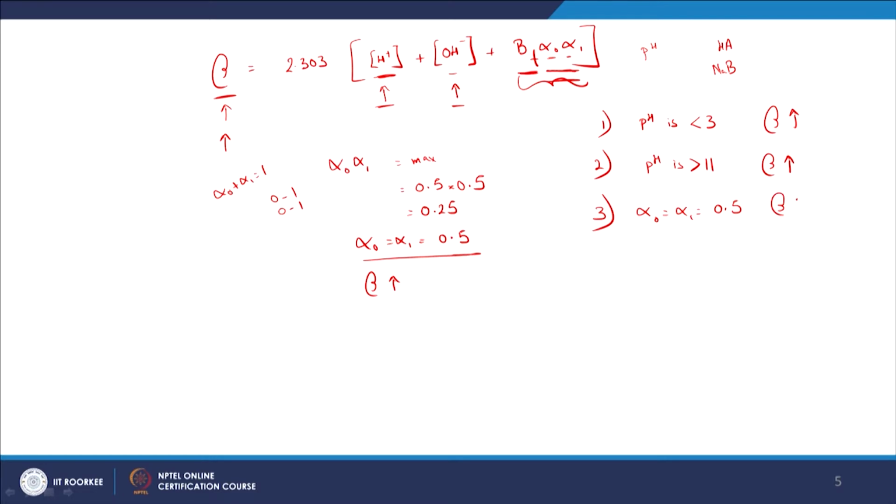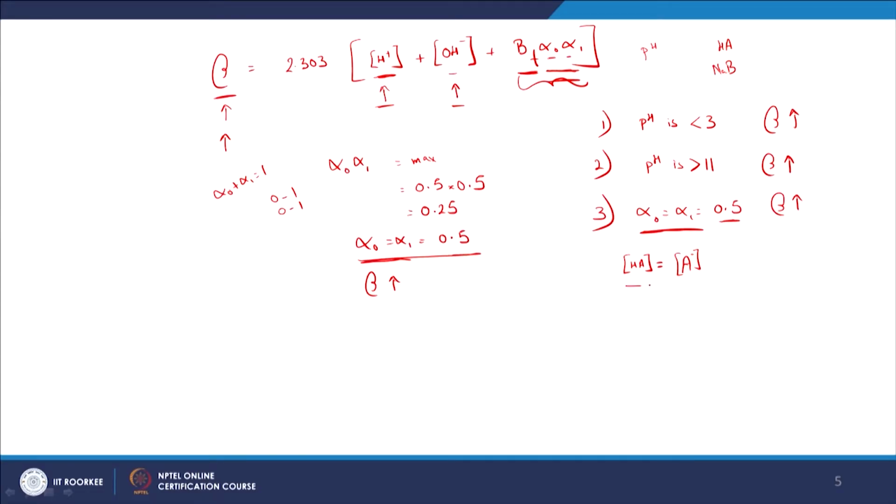The buffer intensity is going to be high. So, again, what is this about? We know that ionization fractions give you an idea about the concentrations of the relevant acid and the base, the protonated and the deprotonated forms. So, when alpha naught and alpha 1 are equal to 0.5, what does that mean? It means obviously that the concentration of your protonated form is equal to the concentration of your deprotonated form. So, it makes sense.